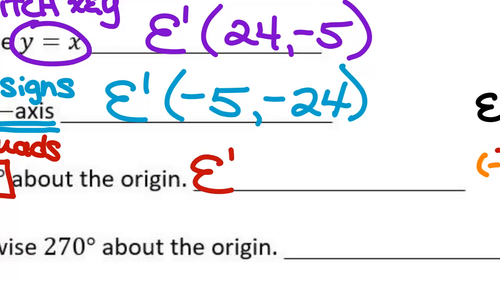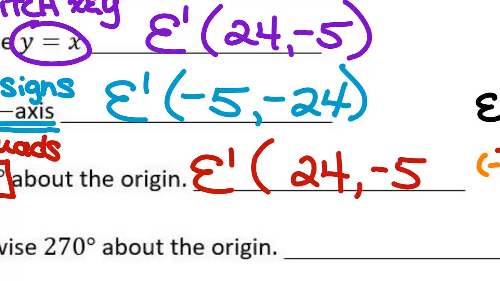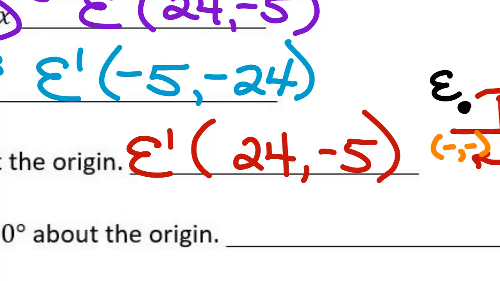So for my point E prime, the first thing I do is I take this ordered pair and we flip the numbers around. So 24 and -5. And then I have to match my signs. We said down here the x is negative and the y is negative. So I come over to my ordered pair. The x right now is not negative, so we're going to make it negative. The y is already negative, so I'm going to leave it alone.